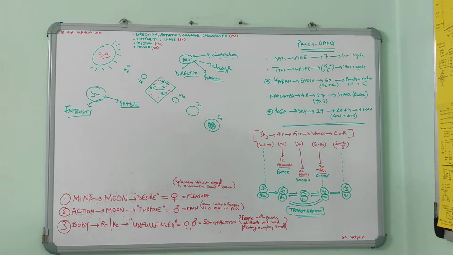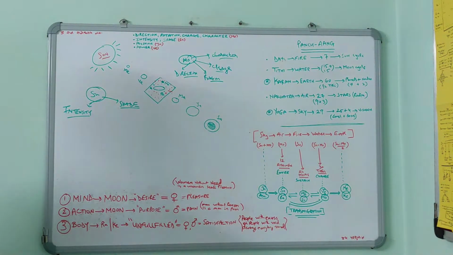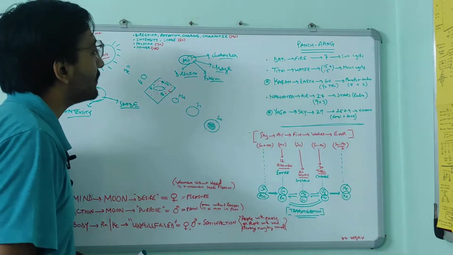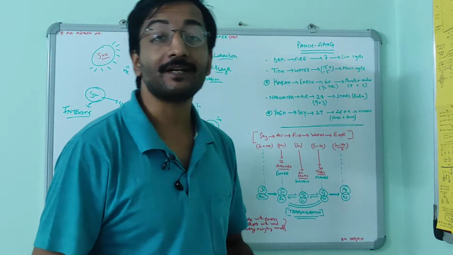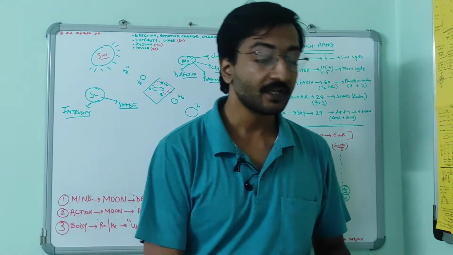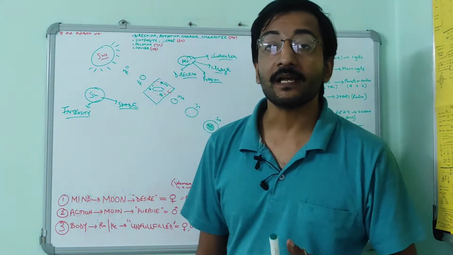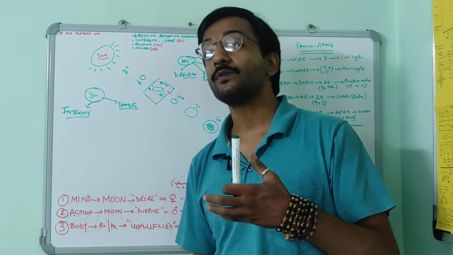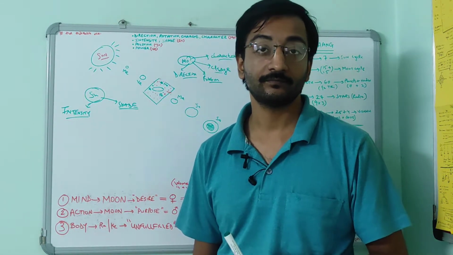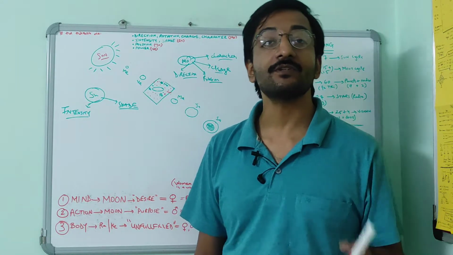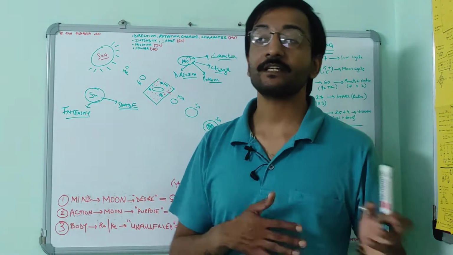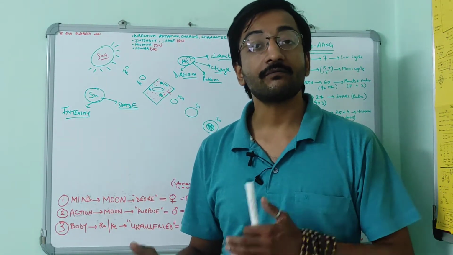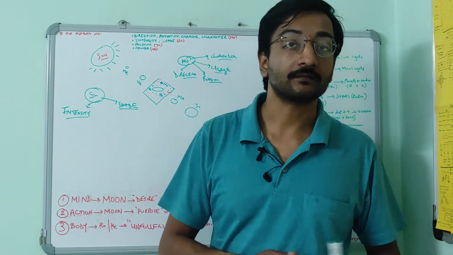Now what is intensity? See, there is a minor difference between power and intensity. Power is the energy which is held inside the soul, whereas intensity is the energy from which the soul is working.